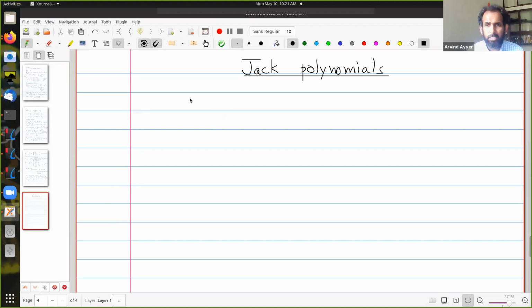Okay, so let alpha be a positive real number. This is a completely new family of polynomials, again generalizing Schurs.